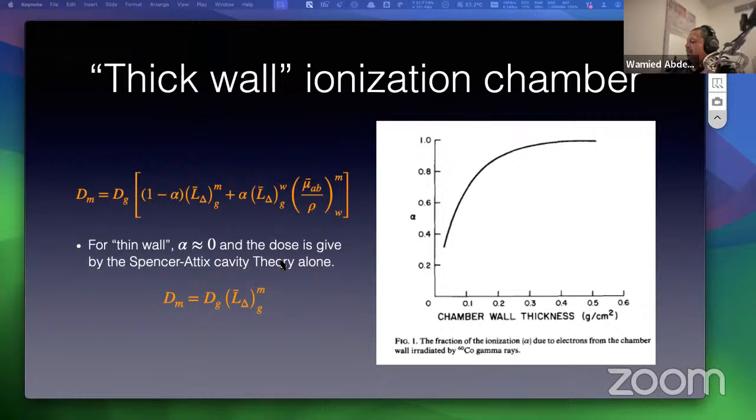So for a very thin wall, alpha is equal to 0, and the dose is then given by the Spencer-Attix cavity theory alone. So we retain our Spencer-Attix cavity theory.